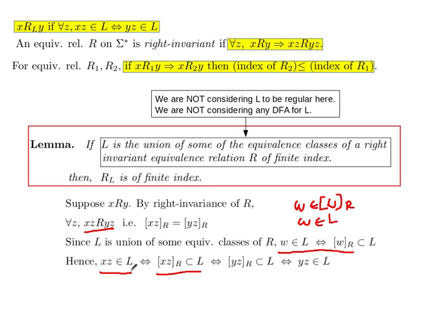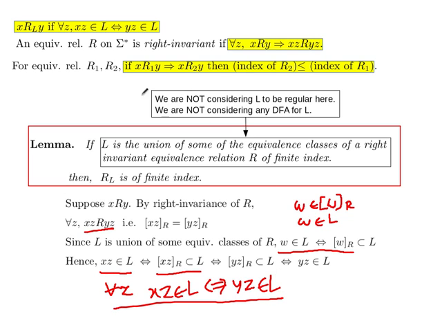So this gives you that for all Z, XZ is in L if and only if YZ is in L. This is precisely the definition of RL.